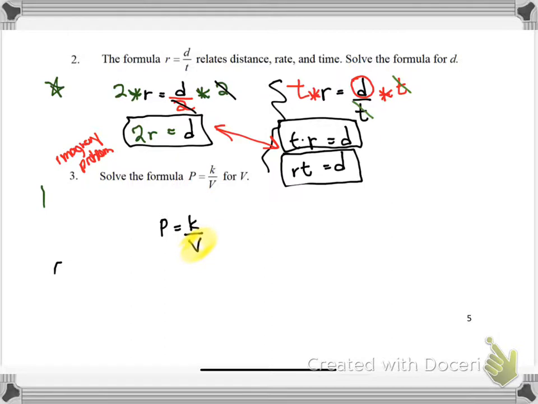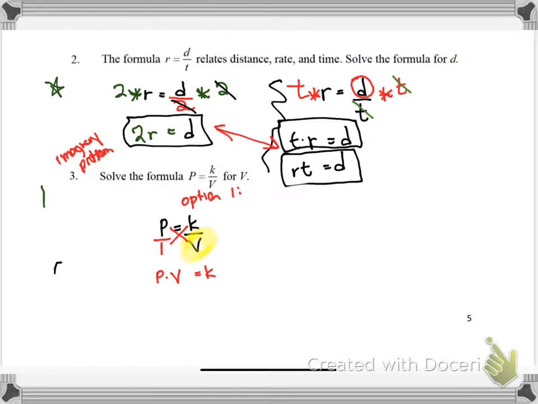So there's several different ways that you could think about doing this. One way that I often think about it is if you think about it as P over 1, then you can cross multiply, okay? So we'll say that this is option 1. Okay, so when I cross multiply, I get P times V is equal to K.